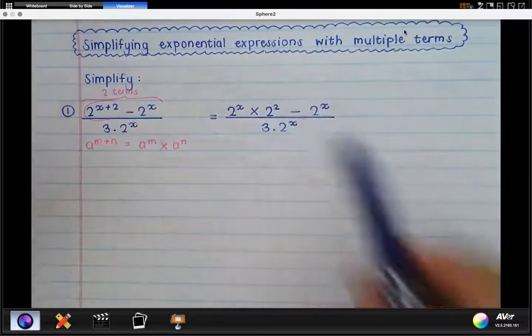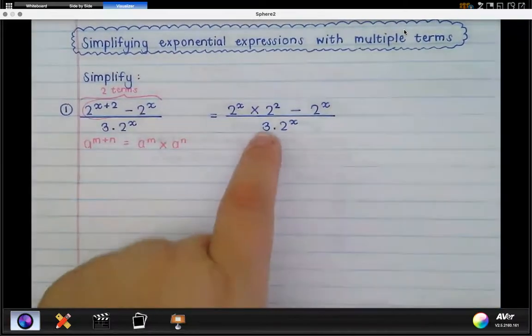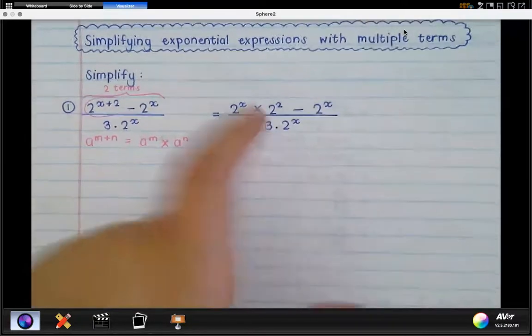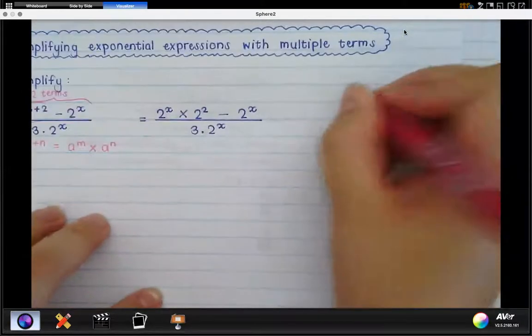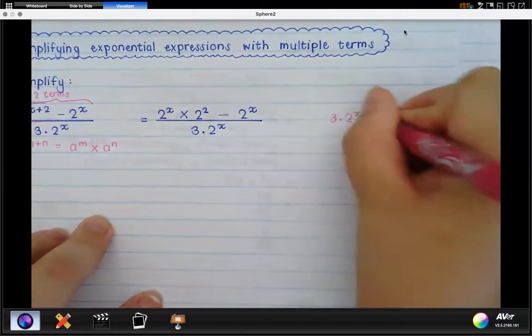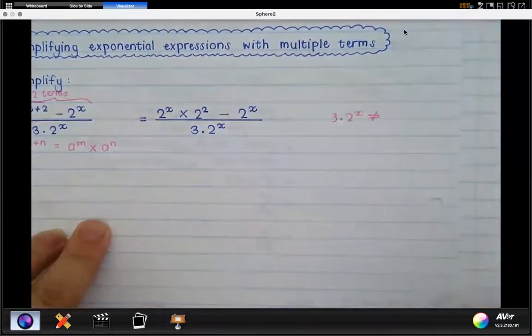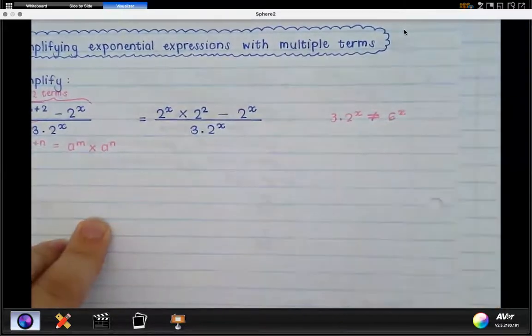You are under no circumstances allowed to times this 3 and this 2 together and say that it's going to give you 6 to the power of x. On the side in a little bubble, 3 times 2 to the power of x is not equal to 6 to the power of x.